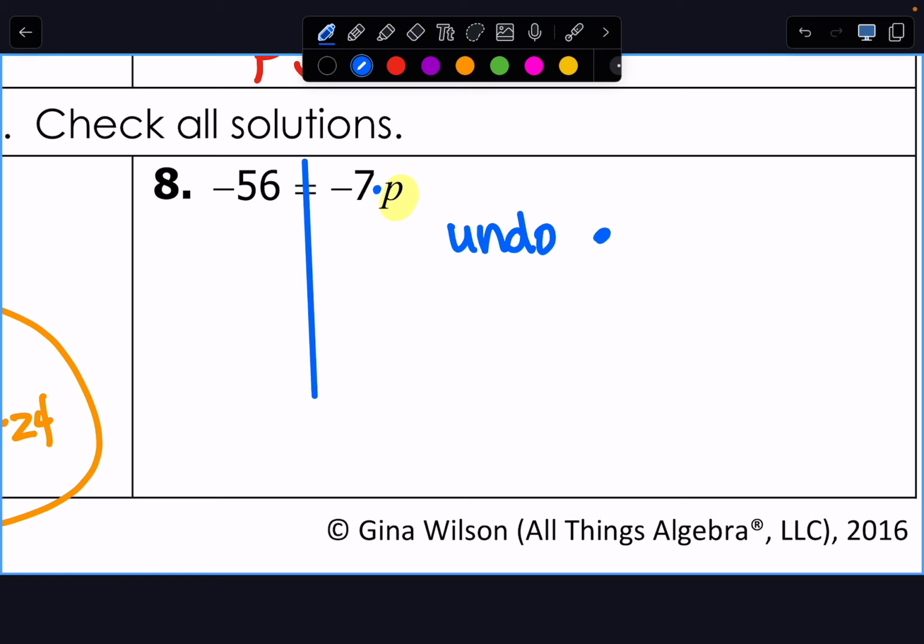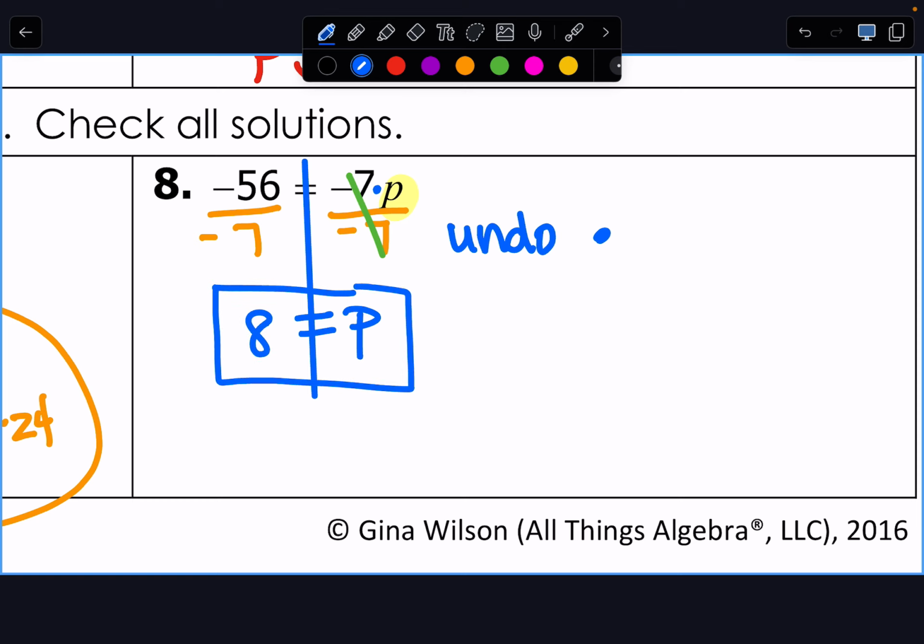Okay, Landon is saying we need to divide. Do you agree? Okay. Now, what are we dividing by? -7. We need to bring that negative along with it. -7 is being multiplied to P, so we need to divide by -7. When we divide by -7, those are going to undo each other, and we're left with P equals 8.